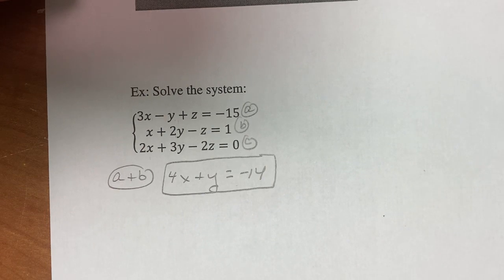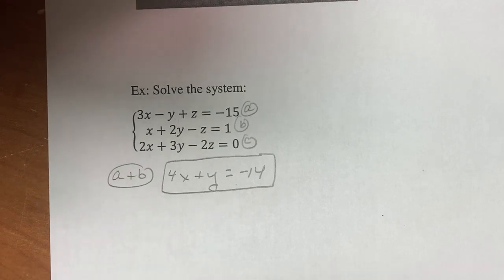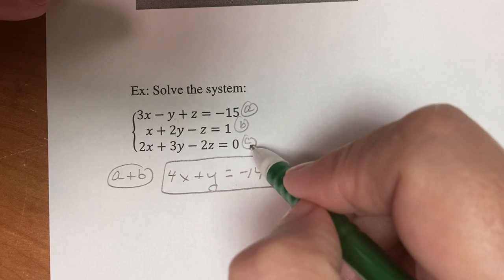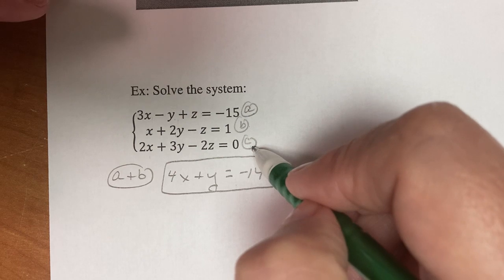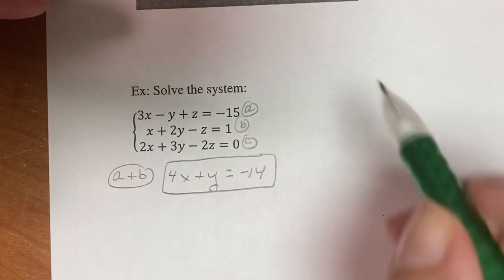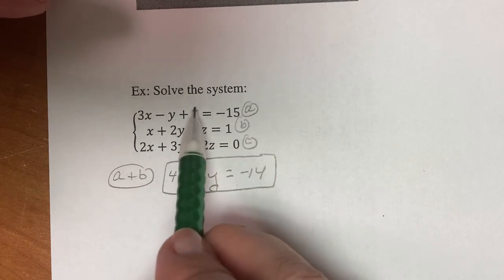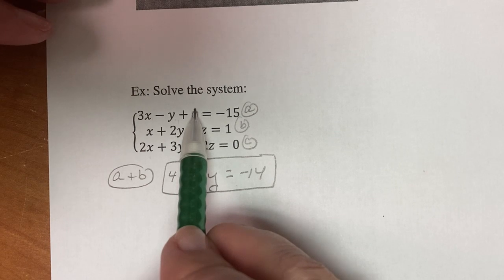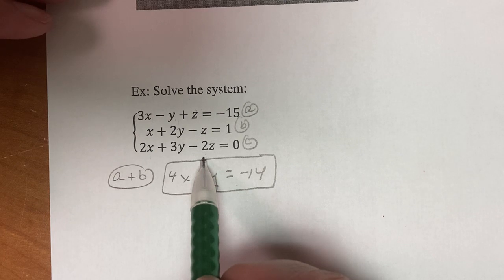I need to eliminate the z, the same variable, again. And I can't use A and B. I've already done that. So I could eliminate the z using A and C, or I could eliminate the z using B and C. It does not matter. I think I'm going to use A and C. So do you see where if I want these to drop out, I'm going to have to multiply equation A, the top one, by 2. Because then this is going to be 2z and this is going to be negative 2z, and they will drop out.